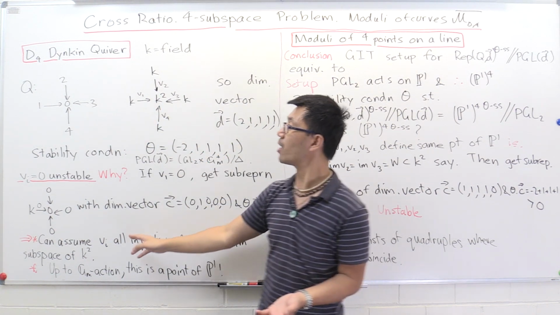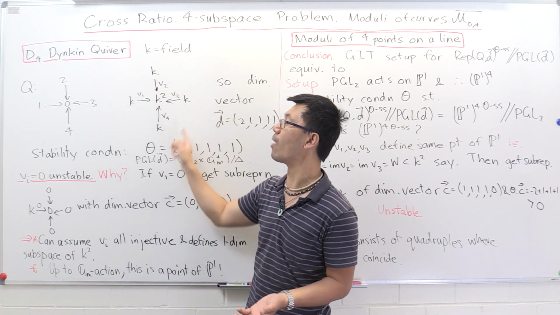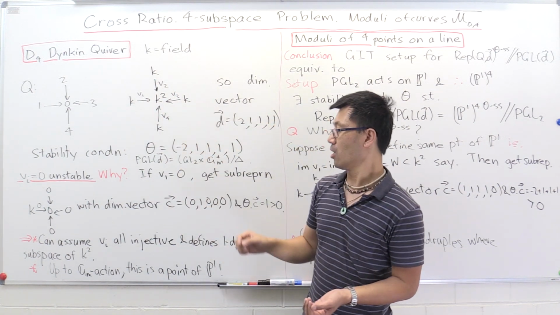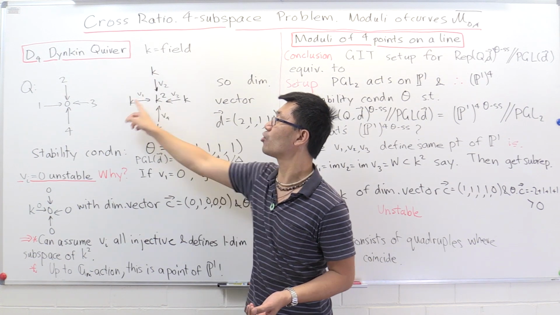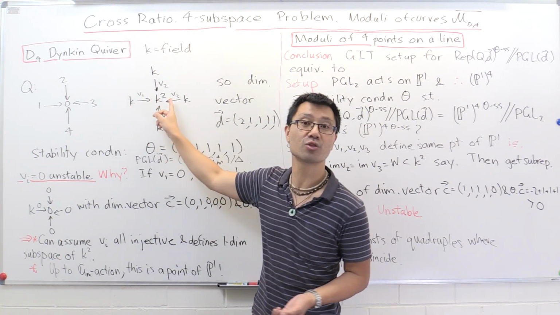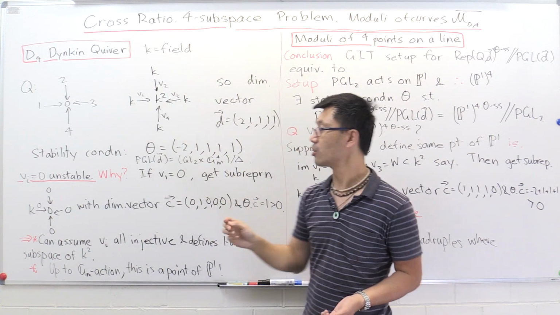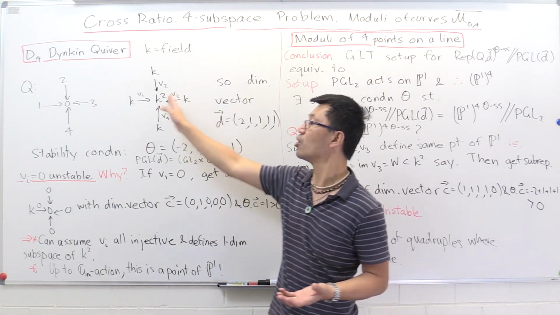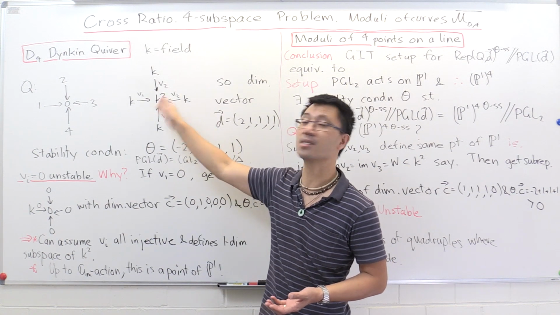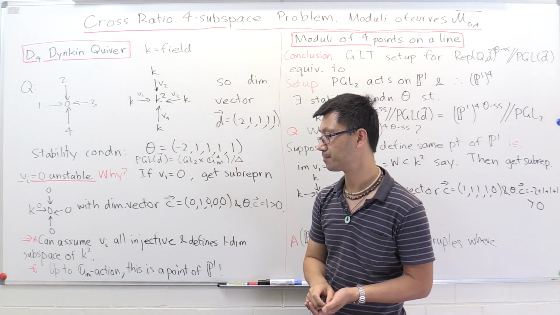So we can assume that these 4 maps here are injective. If they're injective, well, these of course are one-dimensional, so that will define a one-dimensional subspace of K^2. So this is how we get the name, the 4 subspace problem. In this case here, you'll have 4 one-dimensional subspaces of K^2 that we're looking at.